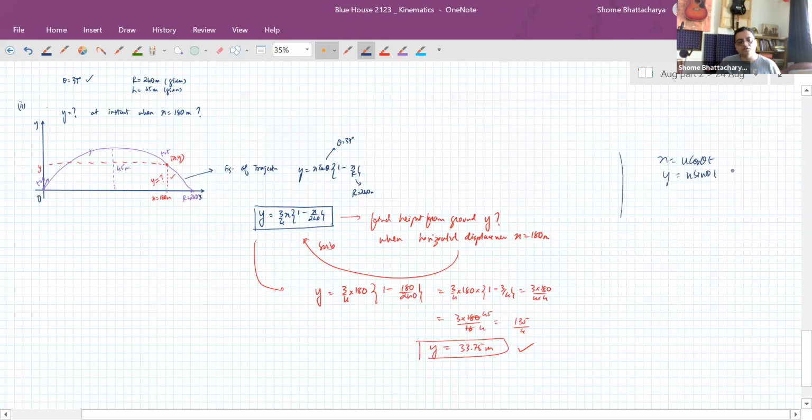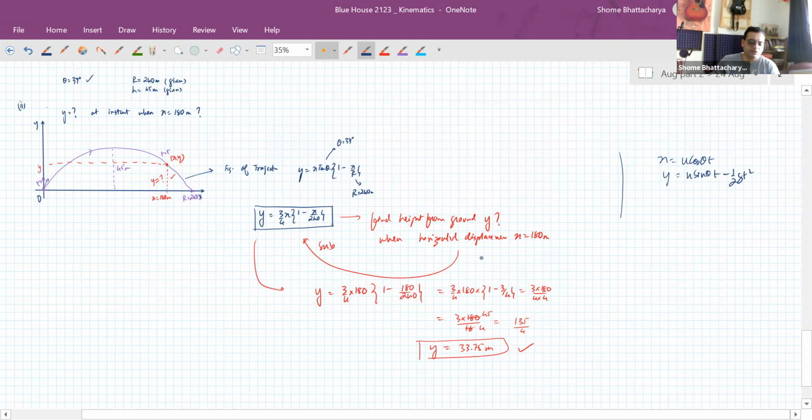Here we don't even know the value of u to begin with, so we would have to first calculate u from the data given, then find the time t at which x is 180, and substitute that time in the second equation. It would have been a multiple step process, whereas now it has become a single step process.